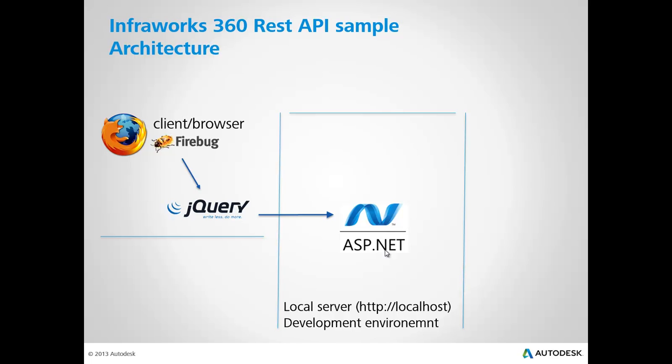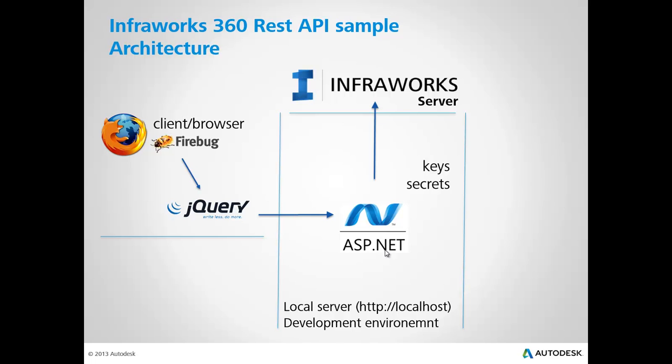In this case, I'm going to create an ASP.NET server that will host most of the logic of this sample. Also, it's very important to keep our keys and secret in a secure location. In our case, I'm going to maintain those keys and secret on the ASP.NET code, which the user that is using the sample cannot see. So we are hiding that information from the user.